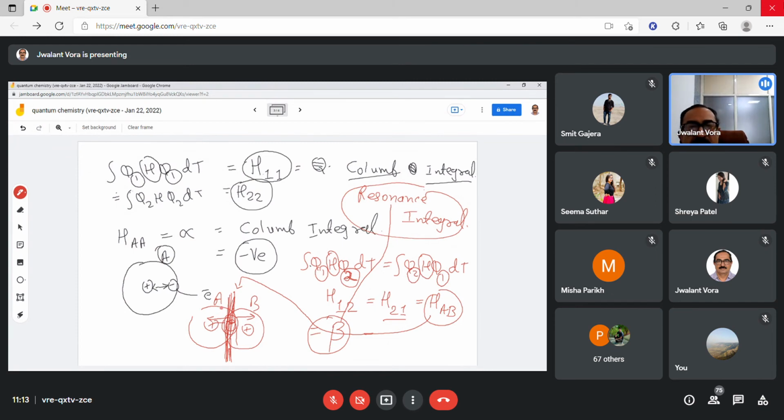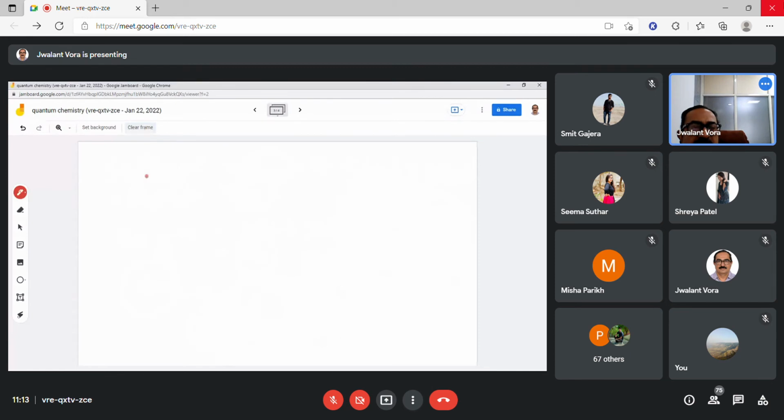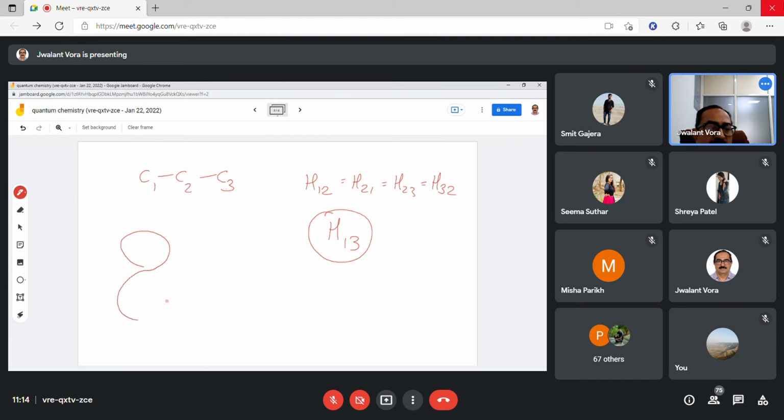Right? હવે માનો કે 3 કાર્બન એટમ છે. Just a minute. Carbon 1, carbon 2, carbon 3. So H12 હશે બરાબર H21 હશે બરાબર H23 હશે બરાબર H32 હશે. પણ H13 અને વચ્ચે ઓવરલેપિંગ નથી. કાર્બન એટમ 1, કાર્બન એટમ 2, કાર્બન એટમ 3.